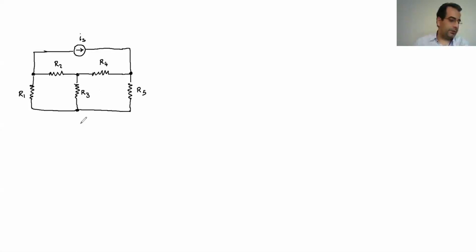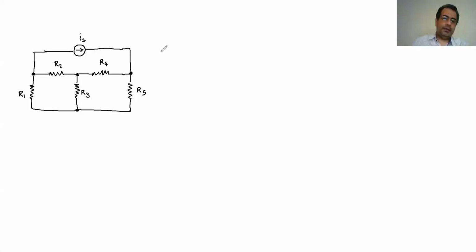So assume this is what we have, and we want to use the node voltage method to solve this problem. For this example, we just do everything as parameters. We don't use any values. Then for the next examples, we'll start to actually have some values in place of the resistances and currents.